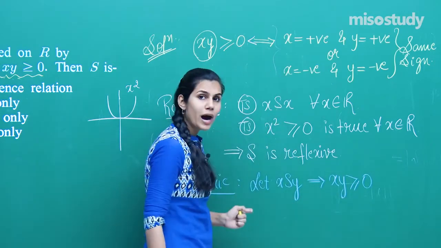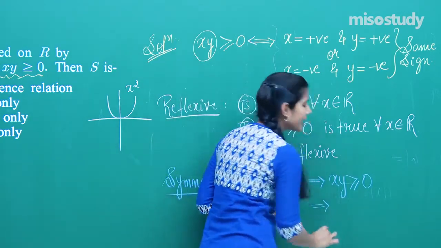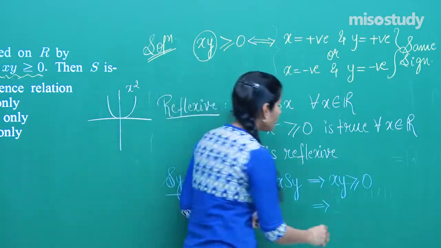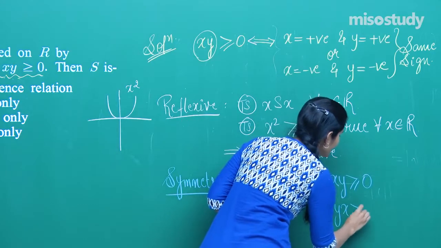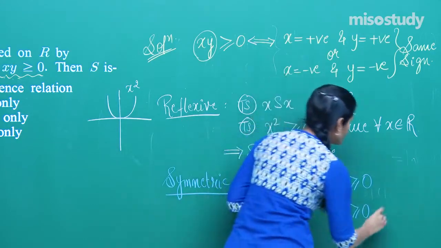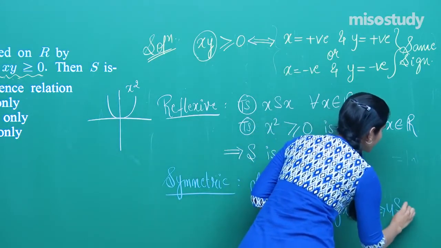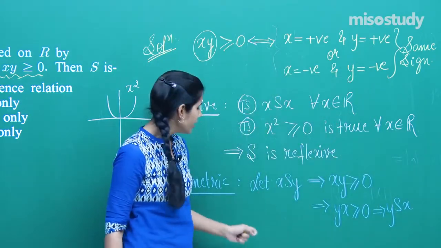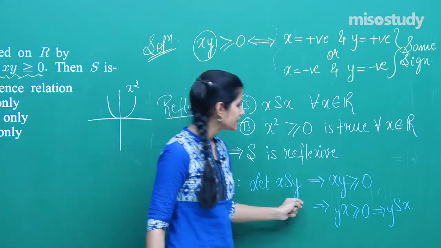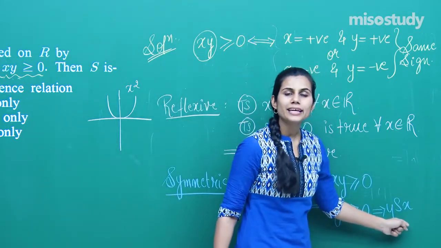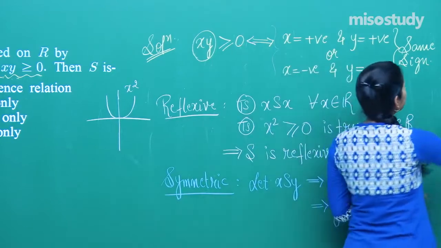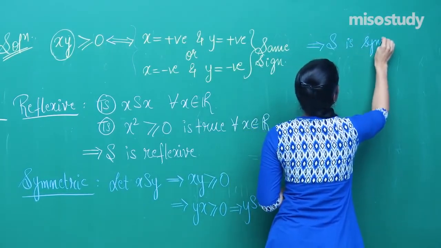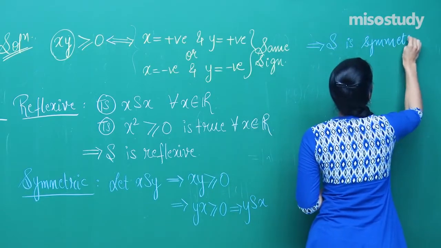Now if x into y is non-negative, I know in real numbers x into y is the same as y into x, and so I can write it as y into x is non-negative, which would imply y is related to x under the relation S, and that is what I wanted to show. If (x, y) belongs to S, this implies (y, x) also belongs to S, and this means S is symmetric.